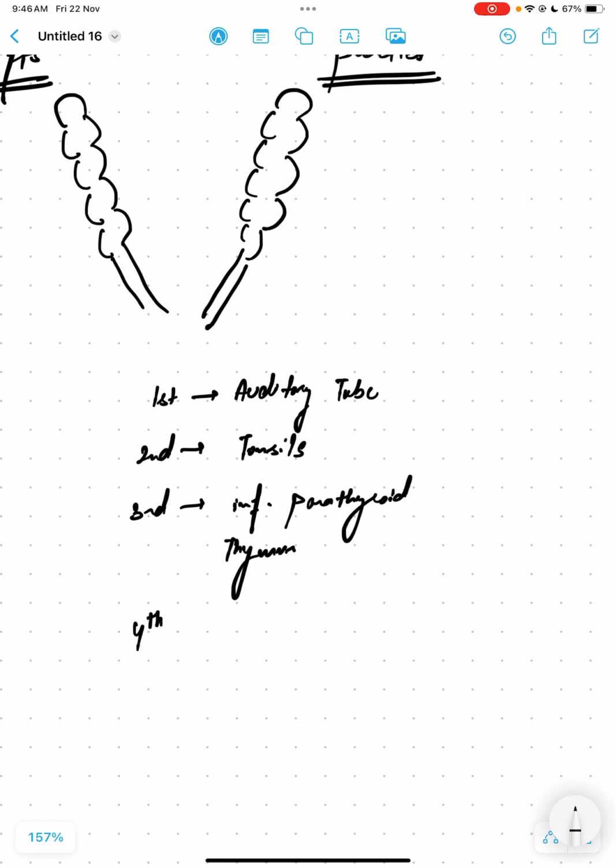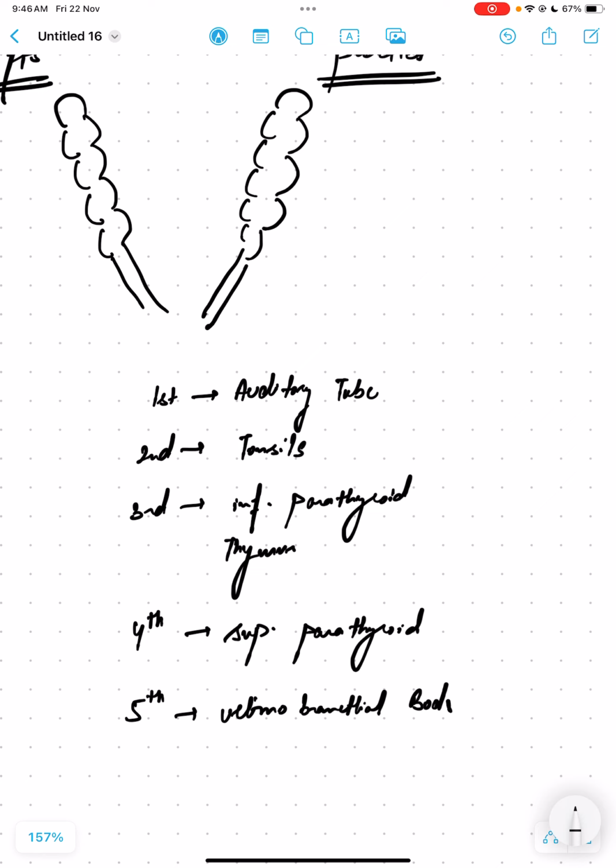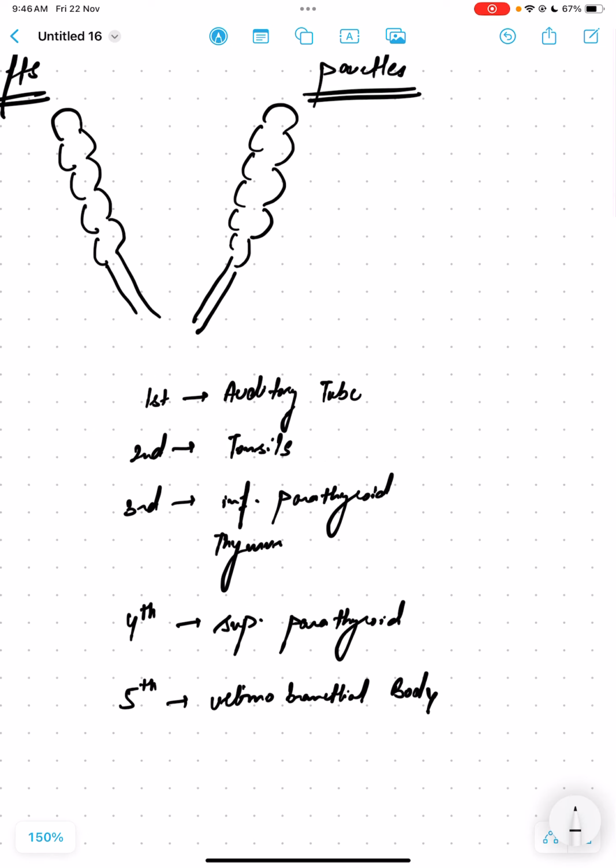From the fourth we will get superior parathyroid, and from the fifth it is the ultimobranchial body.